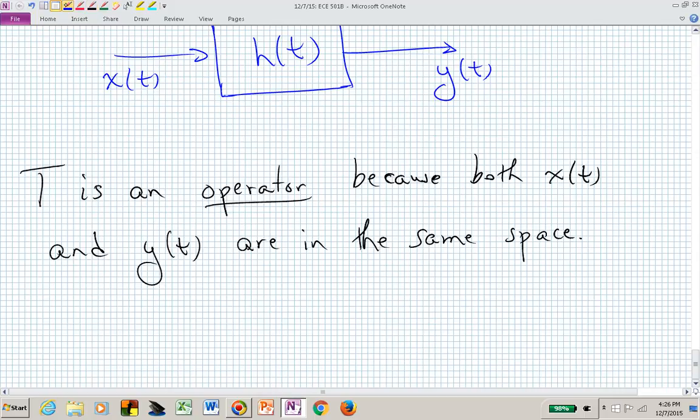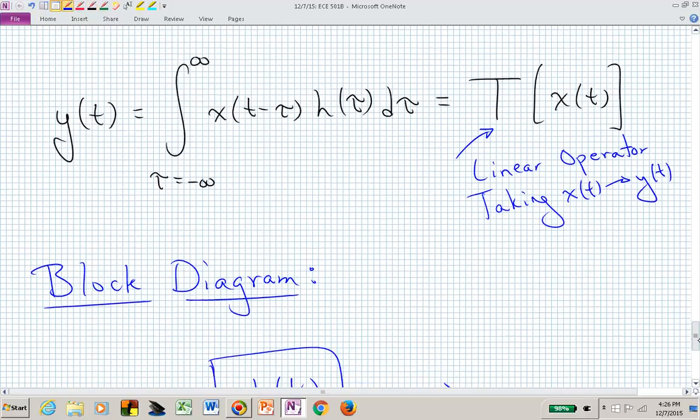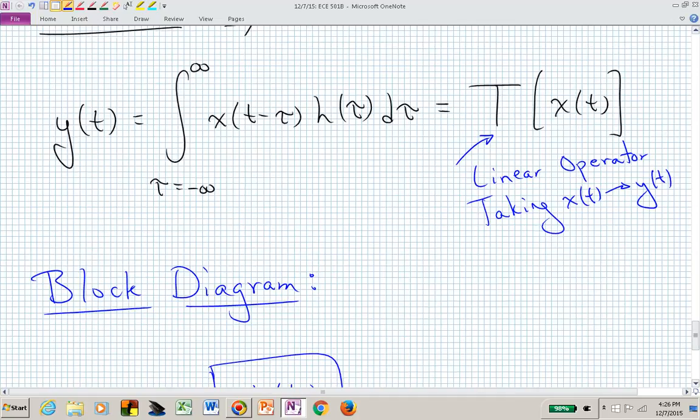Now, we want to see why we can say that y is equal to a linear operator on x, by the fact that we have this convolution operator in the time domain. If we apply an input x to a system, and we know the system's impulse response, you could calculate the output.